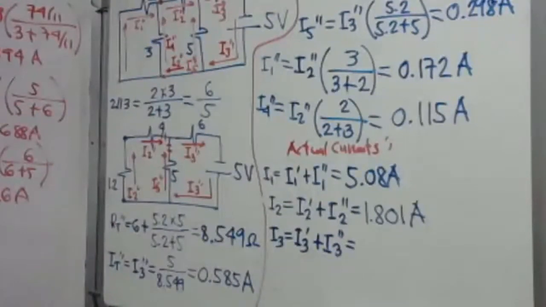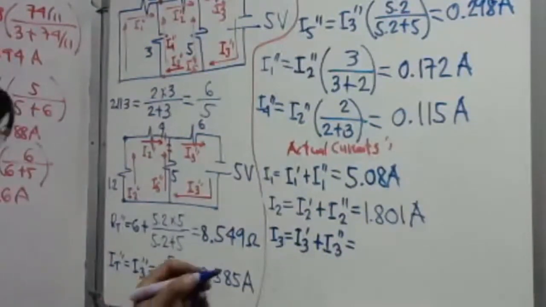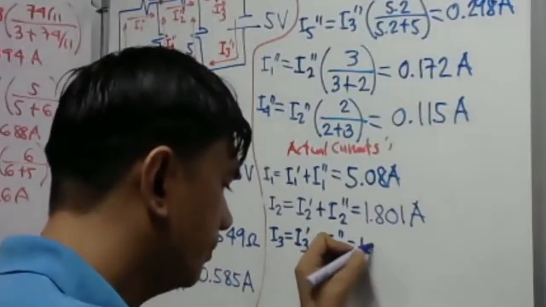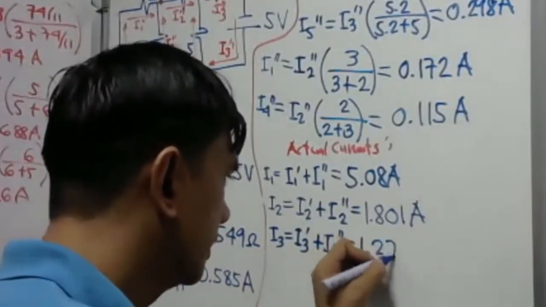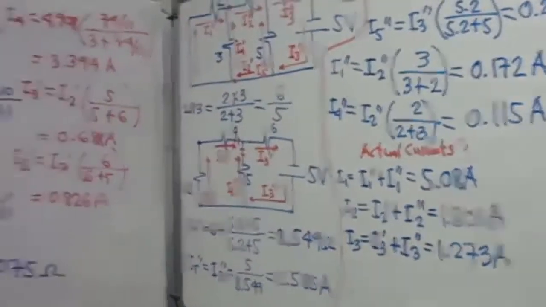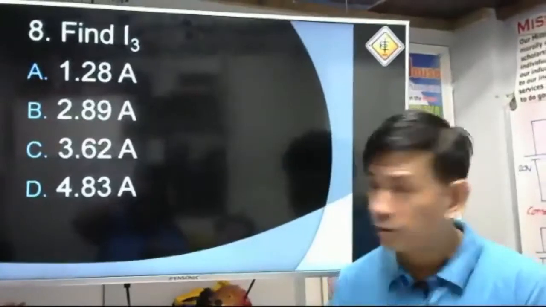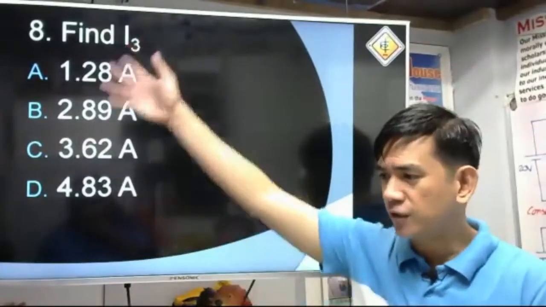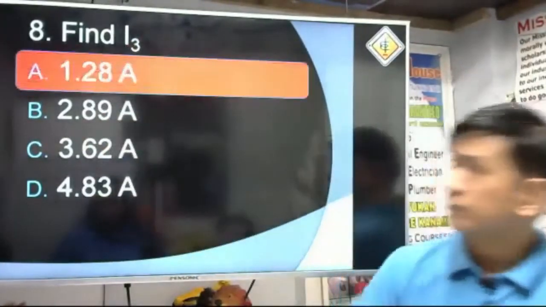So that is equal to, in my calculator, 1.273 amperes. Okay, 1.273. Tingin, ha, mga ka-aware pa. Pag ni-round off mo yan, tingin sa choices, walang iba kundi si letter A.